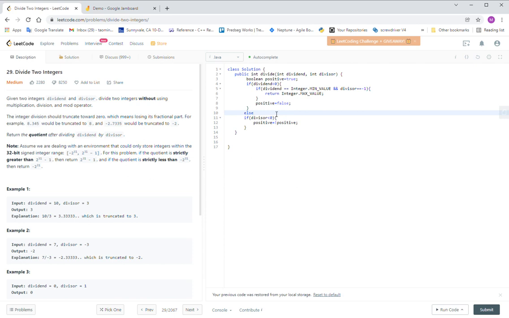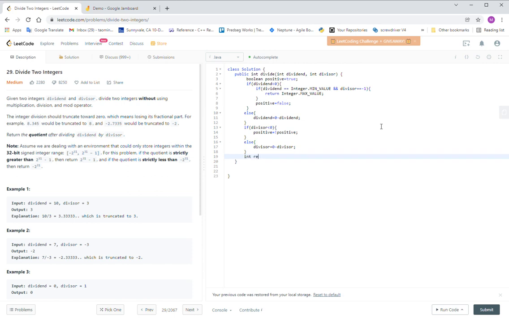So we need to put this one to the negative. If it is positive, we will do the same thing. Division will be the 0 minus division. So when we do the calculating, both is negative.